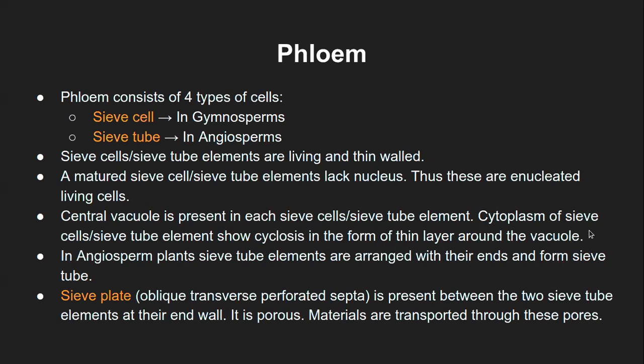Now, you might think what a complicated statement, but it's not so complicated. Around the vacuole, there is a thin layer. How is it formed? It is formed by the cyclic reaction of certain biomolecules, and then it forms a thin layer around the vacuole. Again, a vacuole is a three-dimensional structure present in the cell. It's like a balloon which is hollow inside, but vacuoles are not necessarily always hollow.